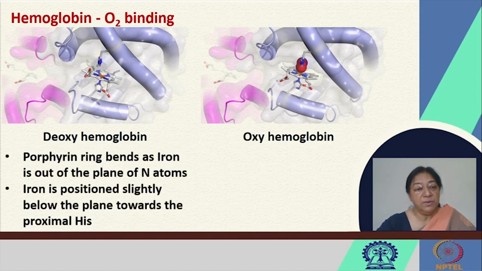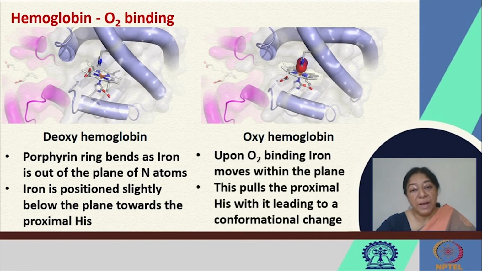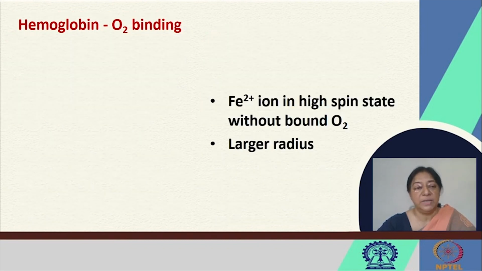The two components, deoxyhemoglobin and oxyhemoglobin, have special characteristics. The porphyrin ring bends as the iron is out of plane of the N atoms for deoxyhemoglobin, and the iron is positioned slightly below the plane towards the proximal histidine. On binding of oxygen, the iron moves within the plane, and in the process, it pulls the proximal histidine with it, which results in this conformational change on oxygen binding.